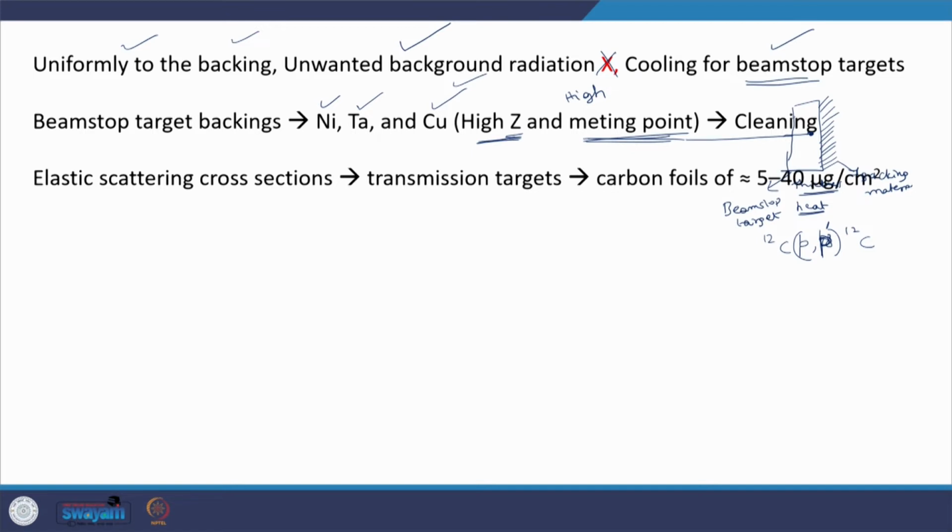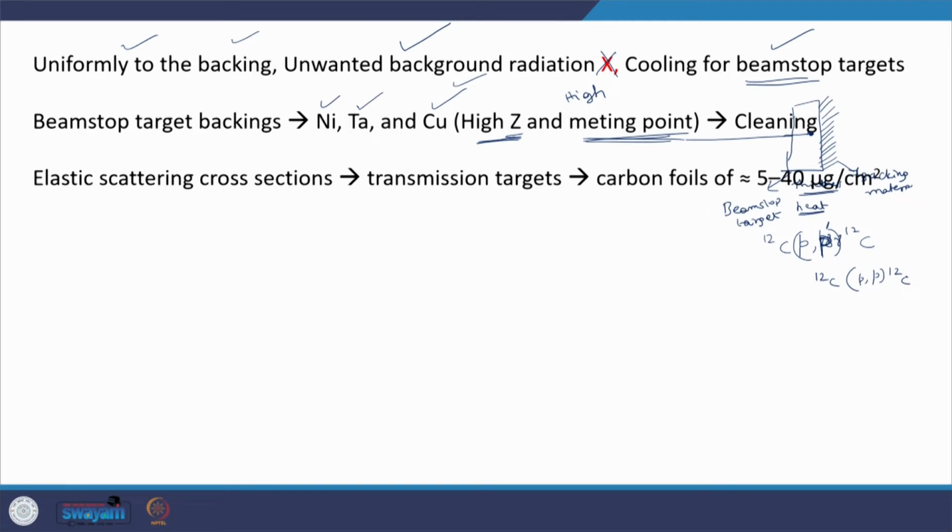Meanwhile it excites the ground state carbon 12 to an excited state, and during de-excitation gammas are emitted. So, this can be written as p comma p prime gamma. This is inelastic scattering. Sometimes it is also useful to carry out an elastic scattering experiment like p comma p on 12C.